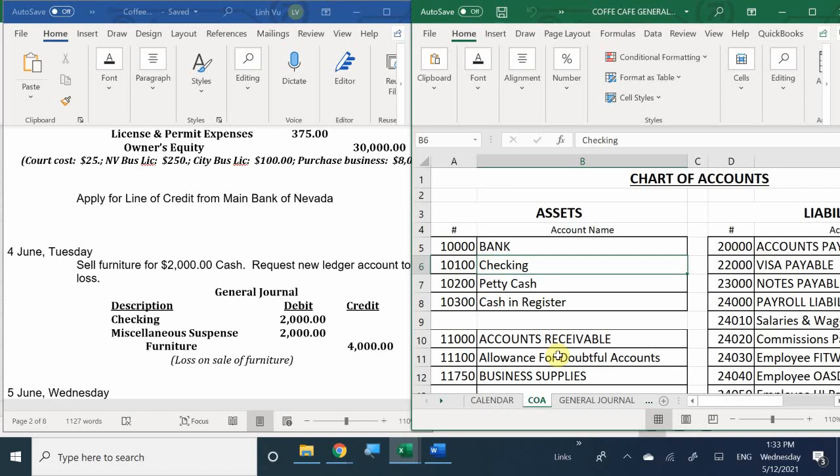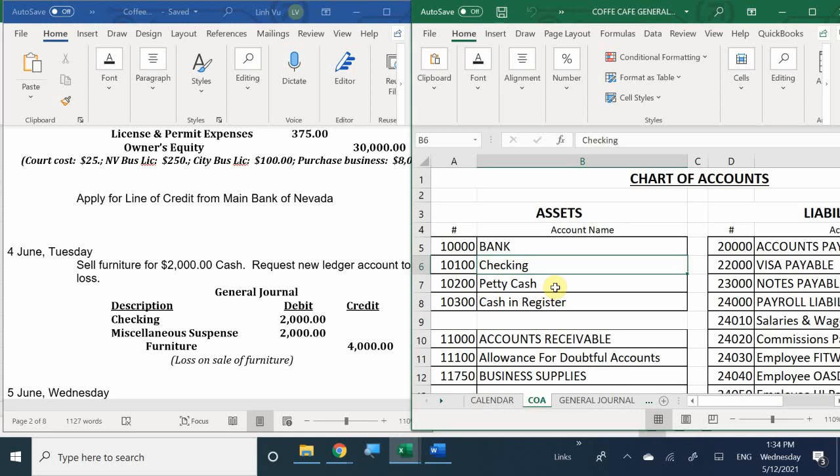So what's the only option that we have here? Checking. That means we have to go deposit. What was that? The bank or checking? Checking, yes. The bank is the main account. So at the end of the day, we need to go to our bank and deposit this money in there, because that's where our cash is going to be held. It's going to be in our checking account.